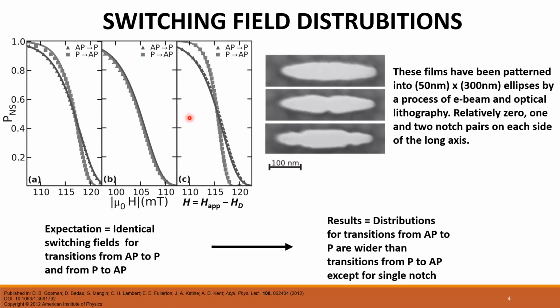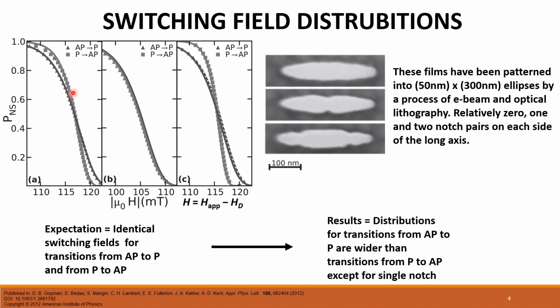Because we have already subtracted the average dipole field from the applied magnetic field, the expected behavior is identical switching fields for transitions from AP to P and from P to AP. However, we can figure out from the survival function that distributions for transitions from AP to P are wider than transitions from P to AP, except for the single notch case.